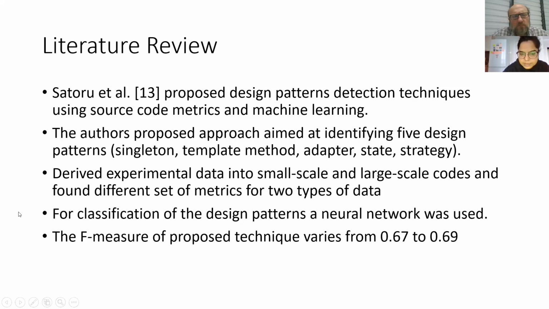So it was also pretty good. But then again, there was a restriction on the number of design patterns they are detecting. Mostly there are 5 to 6 design patterns which they are targeting, and then the data set they are using. Most of the time they take some source code, 9 to 10, or they use their personal project.